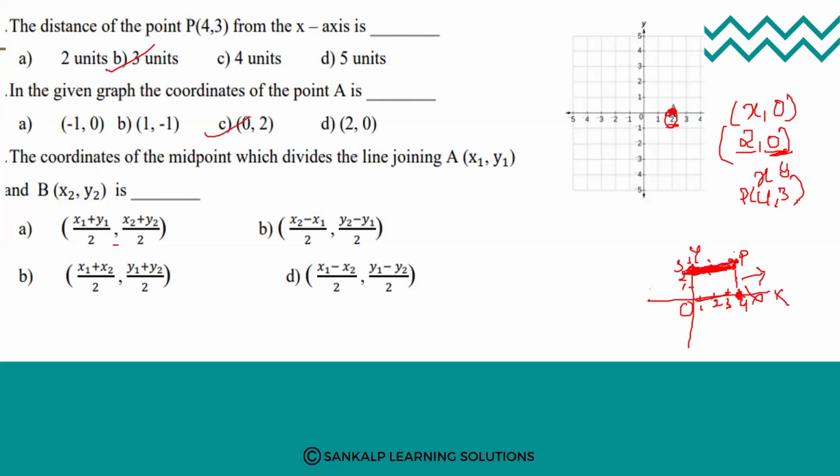The coordinates of the midpoint which divides the line joining A(x1, y1) and B(x2, y2) is, here midpoint we want.